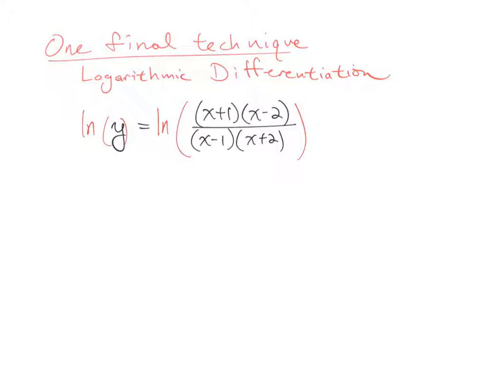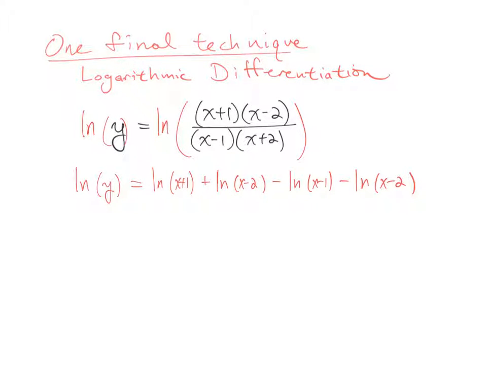And this allows us to do something like this here, where we can take the natural log of x plus 1 plus the natural log of x minus 2 minus the natural log of x minus 1 minus the natural log of x minus 2, where this feels a lot easier because we have some relatively easy derivatives to compute here with these logs all separately, whereas we would have had to use a quotient and product rule up here in the first place.